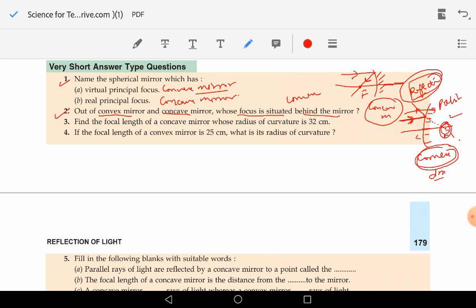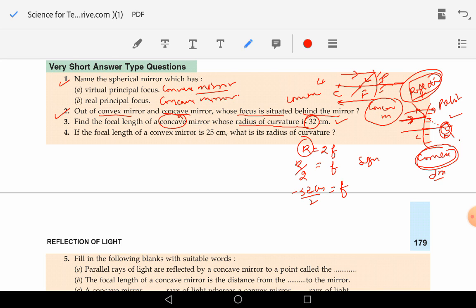Now find the focal length of a concave mirror whose radius of curvature is 32 centimeter. We all know the radius is double the focal length, so the focal length will be half of the radius of curvature. Since the mirror is concave and the center is in front, that is to the left side of the pole of the mirror, the radius of curvature is minus 32 centimeter if we follow the sign conventions.